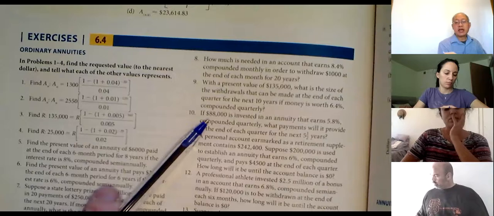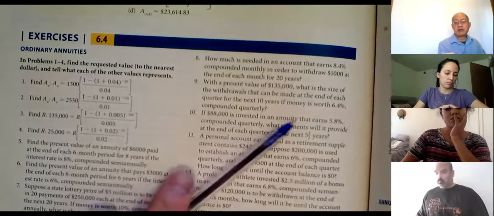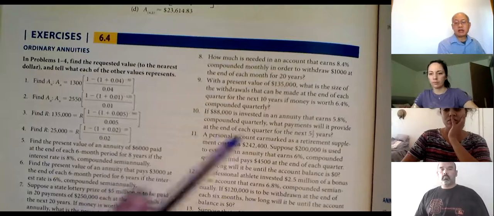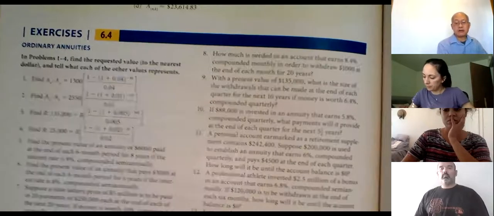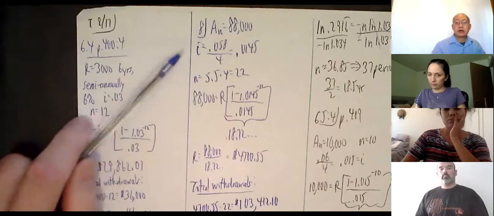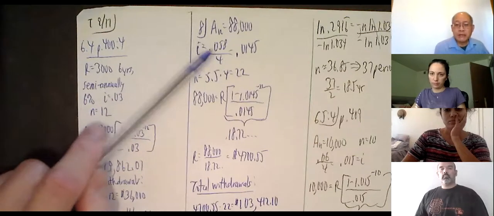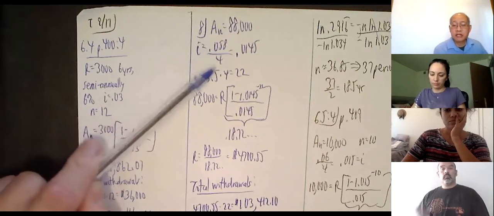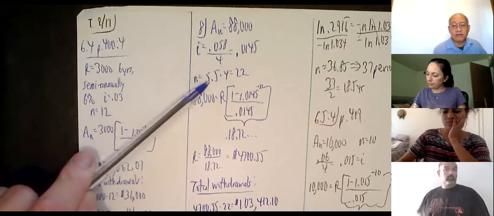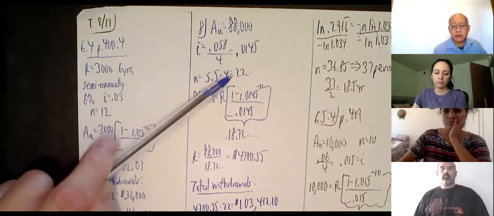Anyway, $88,000 invested in an annuity that earns 5.8% compounded quarterly. What payments will it provide at the end of each quarter for the next 5.5 years? So that's my 10, I believe it's your 8. Anyway, 5.8% is 0.058, quarterly means divided by 4. The N is 5.5 years, 5.5 times 4, 22.